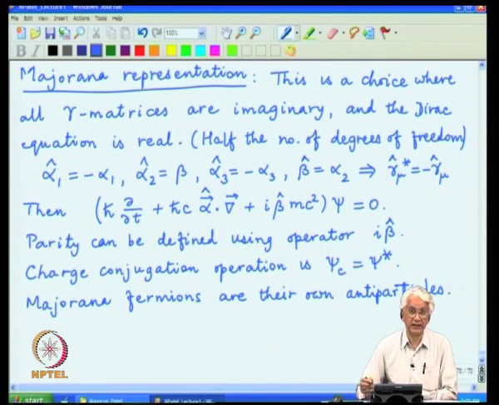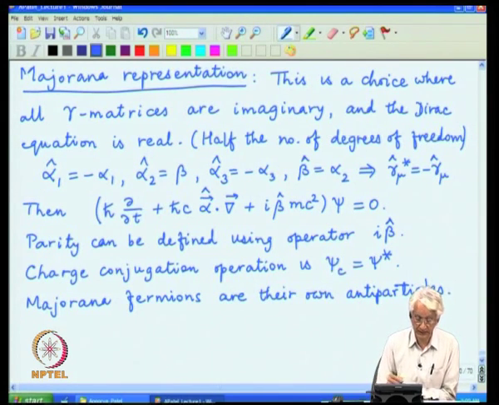In case of Majorana representation, we again separated the 4 Dirac components into 2 parts of 2 components each by separating the particle and antiparticle degrees of freedom, and so the spin part will remain inside the 2 component description of a Majorana fermion, but there is no separate label for a particle and an antiparticle.